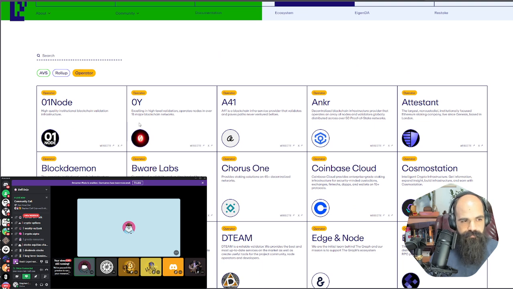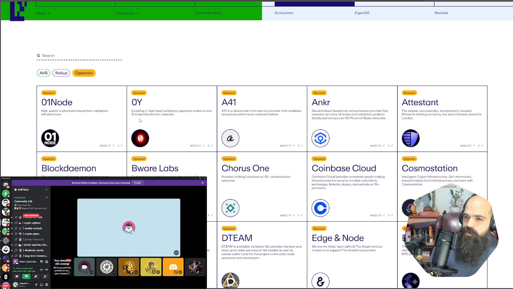And then when your LST goes into EigenLayer and you restake it, you're going to have this option to delegate to another set of operators. So these operators are, I guess, a bespoke set of operators that take your ETH delegated to them and then restake it into these different AVSs and also run the clients.